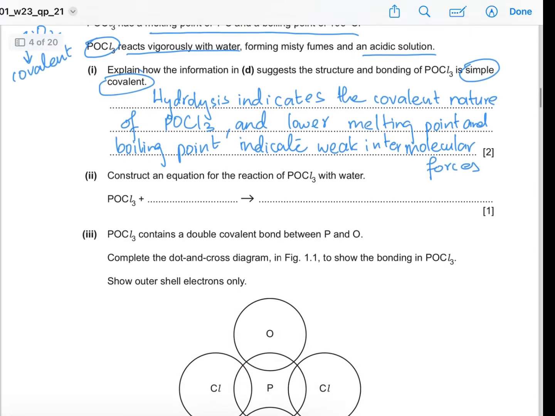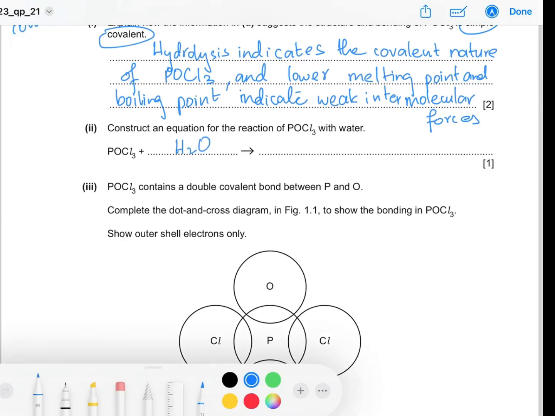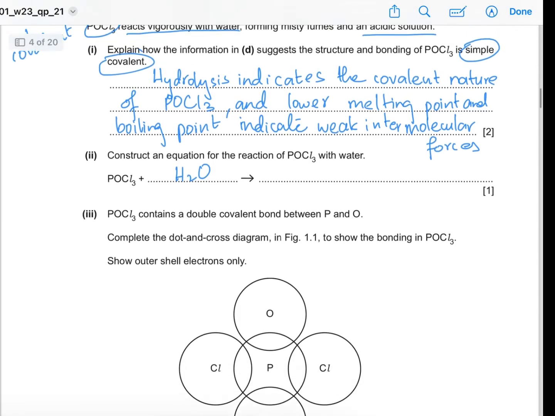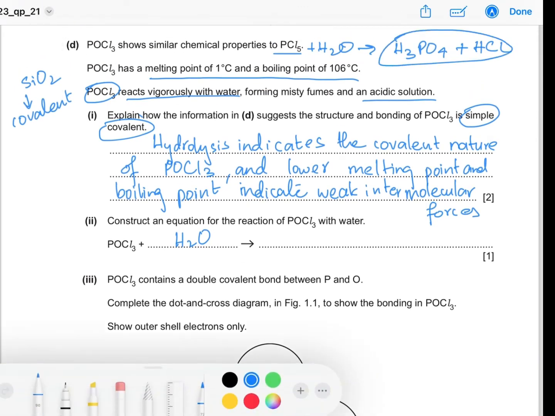Part 2. Construct an equation for the reaction of phosphoryl chloride with water. As I mentioned earlier, phosphorus pentachloride reacts with water to form these two acids, and we'll use the fact that it's a similar compound to predict that this would also form phosphoric acid as well as hydrochloric acid.